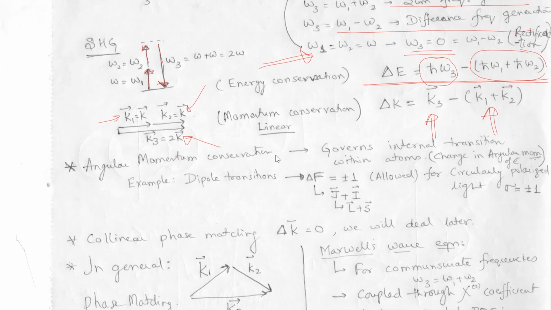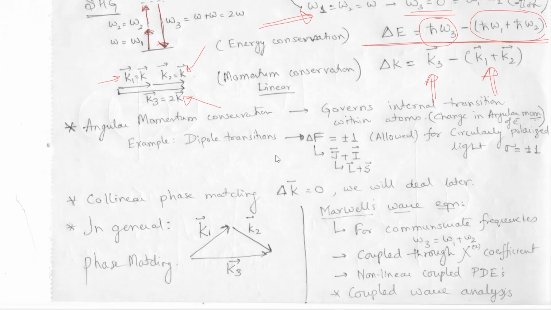So for example, for dipole transitions, if you look at the total angular momentum of the electron, it arises from the orbital angular momentum, the spin angular momentum, and something which is coming from the nucleus. So the total angular momentum is F, and if the change in F, when going from the initial state to the final state, is plus minus 1, these are dipole allowed transitions, and these involve either absorption or emission of appropriately right or left circularly polarized light.